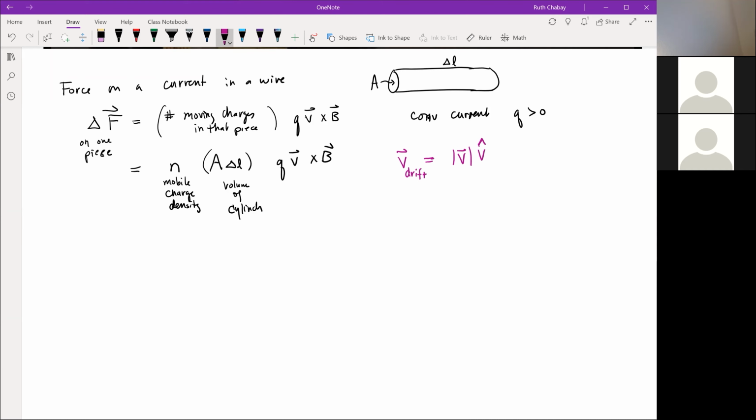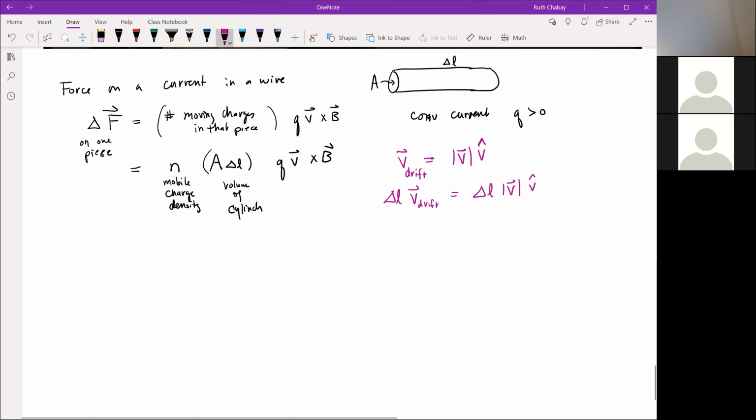And so we're going to rewrite this length delta L times V drift as delta L times the magnitude of V times V hat.